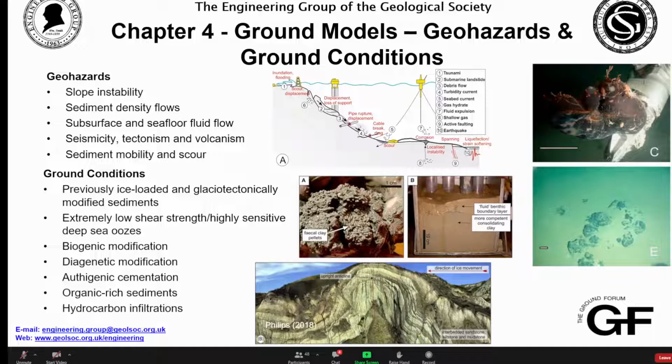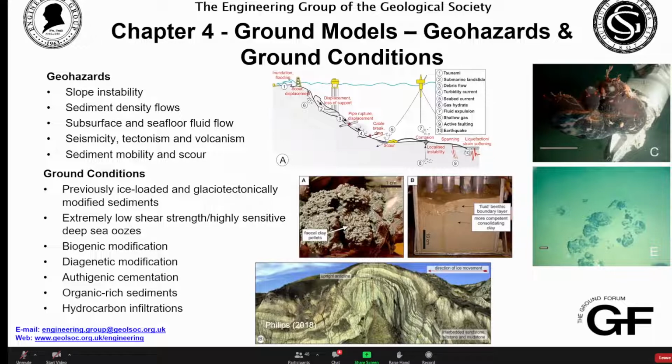But also thinking about conditions that are distinct and specific to deep water environments. So extremely low shear strength, high moisture content, low unit weight clays and oozes that typify many deep water settings that accumulate under very low rates of hemipelagic accumulation, looking at specific biological modifications, the effects of bioturbation and this kind of biological snot, extracellular polymeric substances that can create an initially higher shear strength response, but that can be rapidly lost under loading.